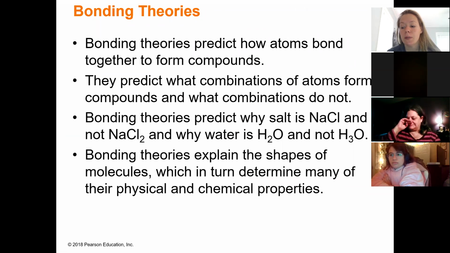They help us to determine why certain atoms come together and certain atoms don't. They can let us know why table salt is NaCl and not NaCl2. You already have working knowledge of that because you know that this has 1 valence electron, this has 7 valence electrons, so it's just going to transfer it. But we're going to get to see that in a visual way. They also let us know why water is H2O, not H3O.